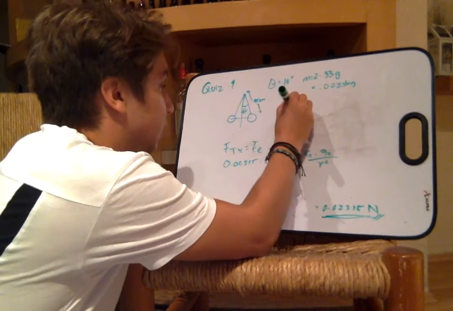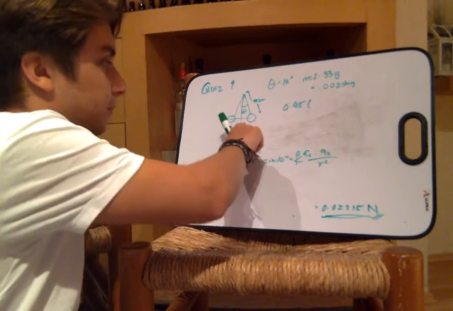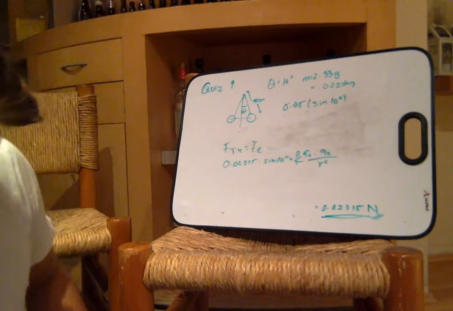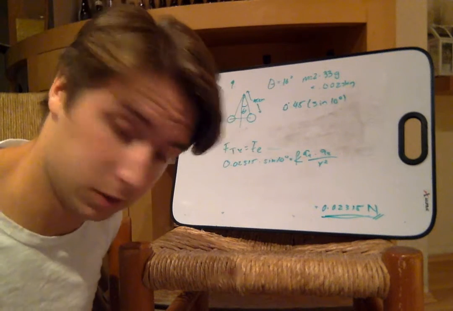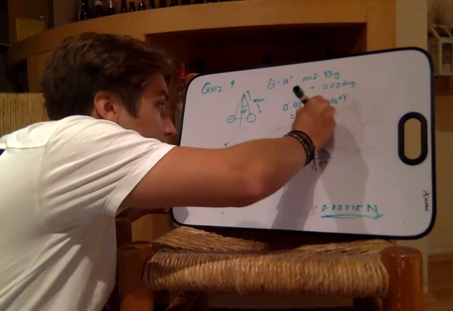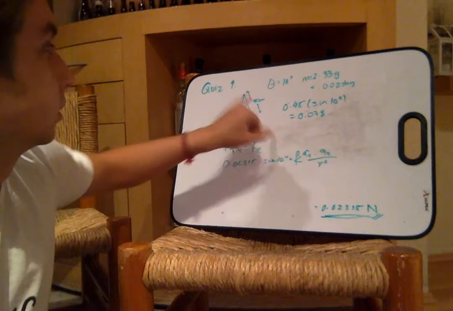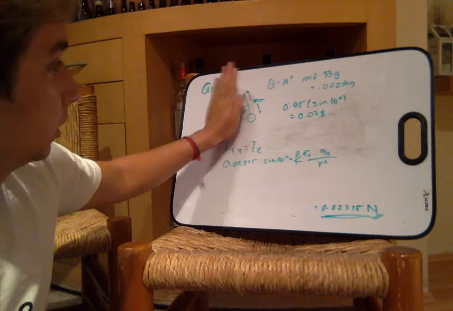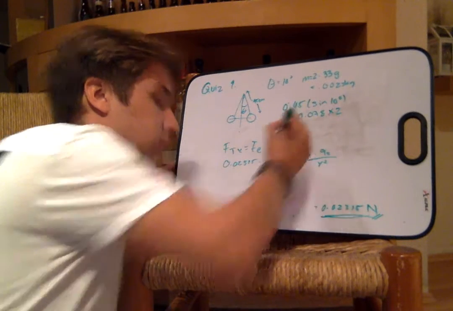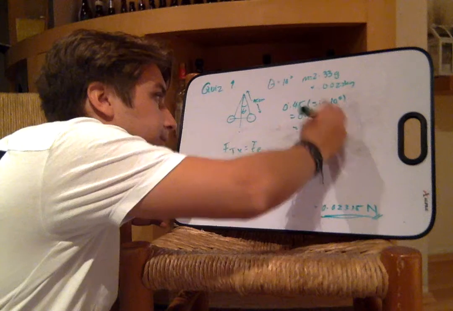We'll solve it as 0.45 multiplied by the sine of 10, which is 0.078, and we will multiply that number by 2 because as you can see, this is only half of r, and as we want the whole distance, we'll multiply this by 2, which gives us 0.1562 meters.